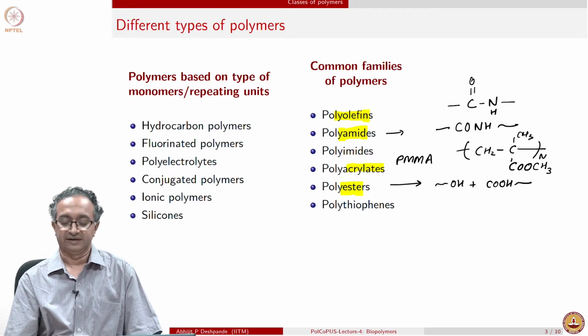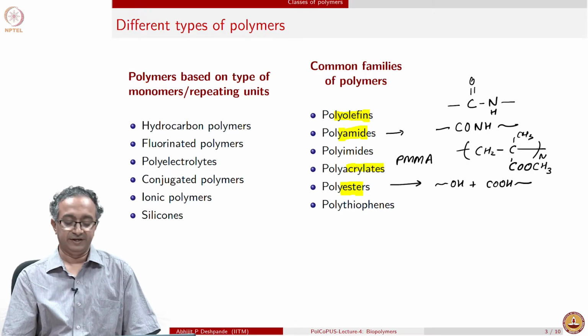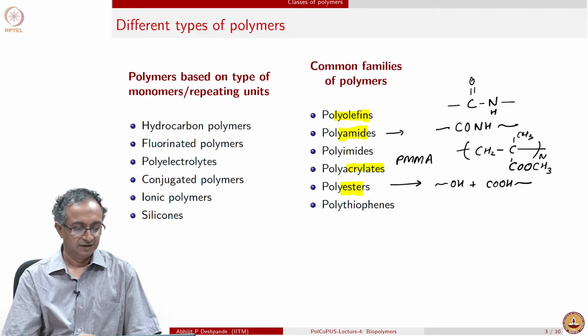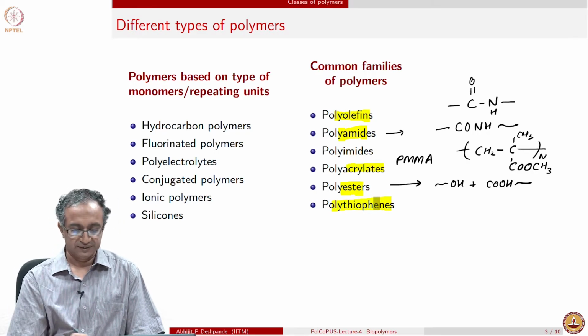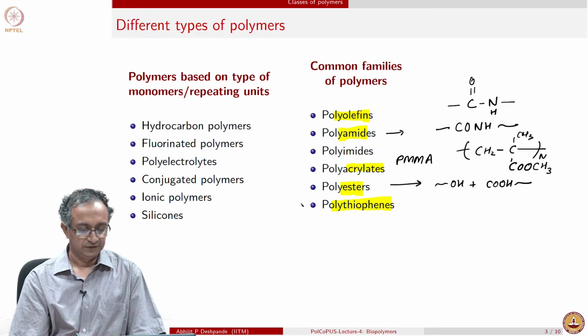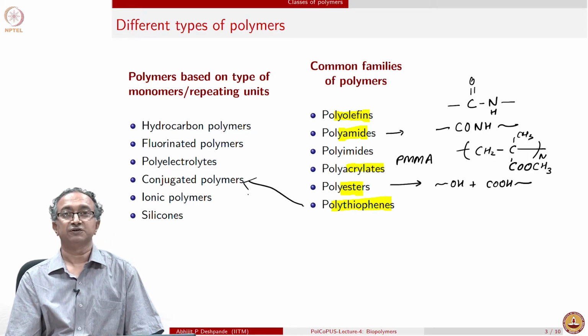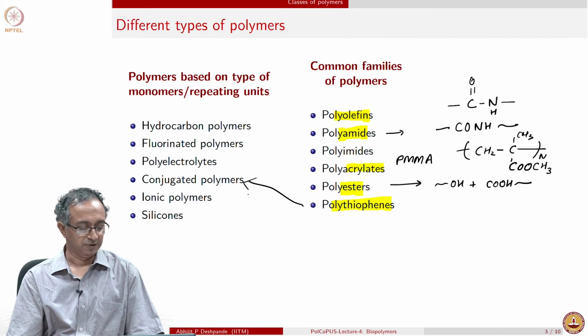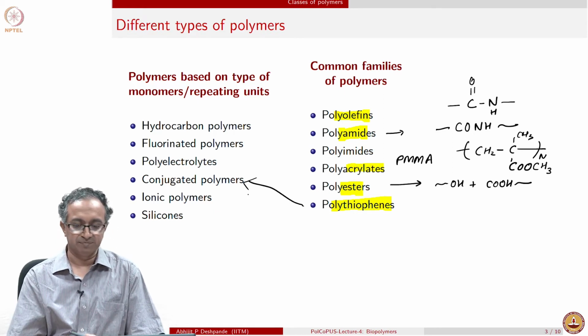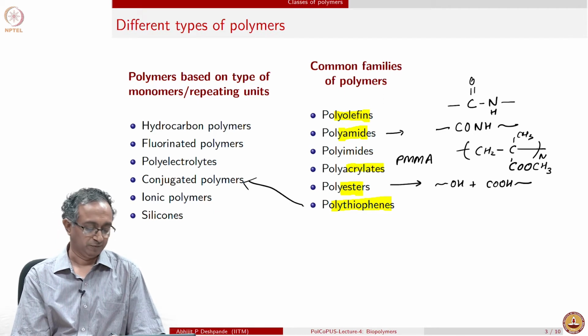So, methyl methacrylate. Acrylates are a very important class of materials. Polythiophenes are a very important class of conducting polymers, conjugated polymers. So, these are some examples of common families of polymers.